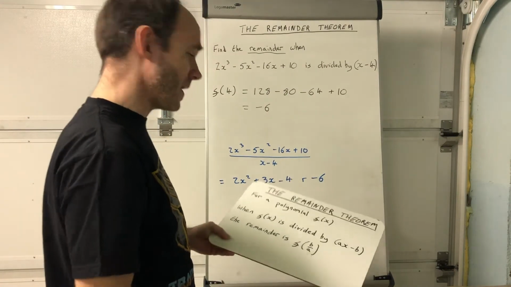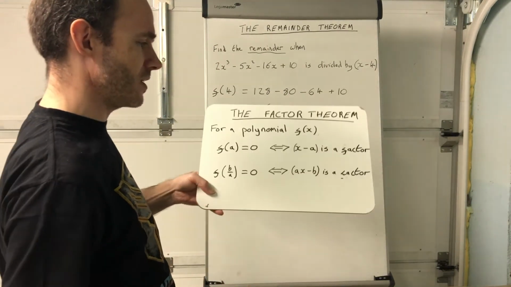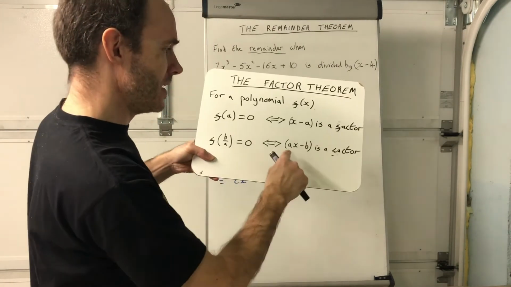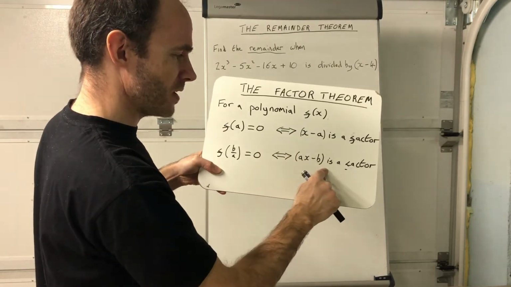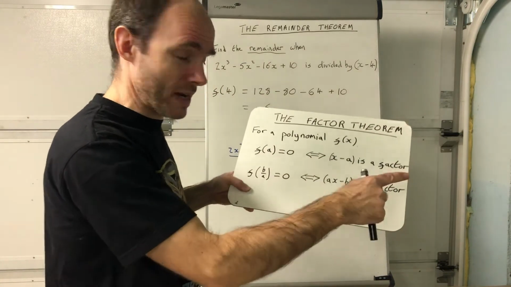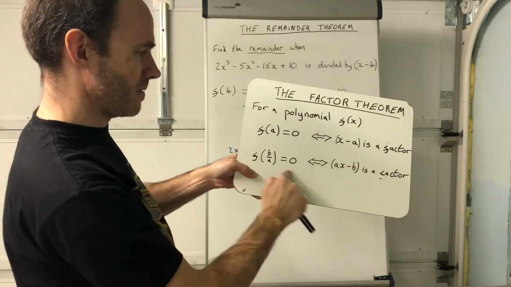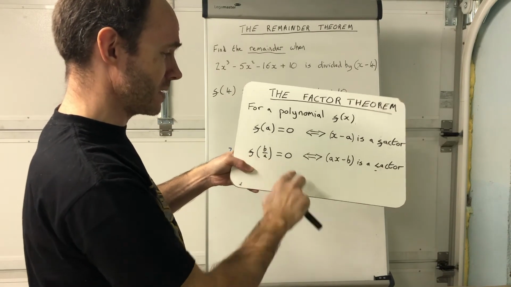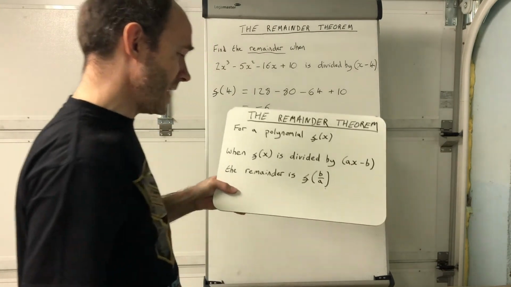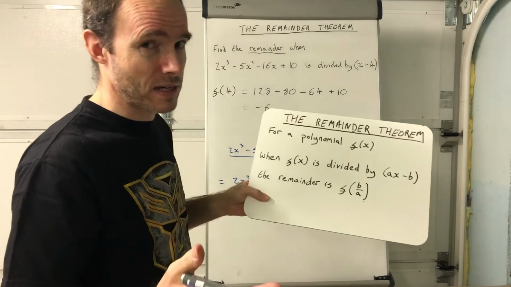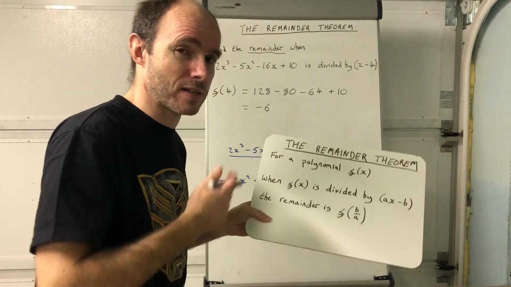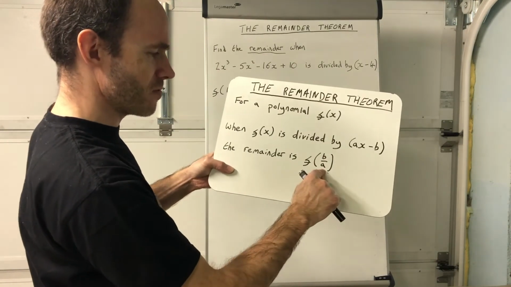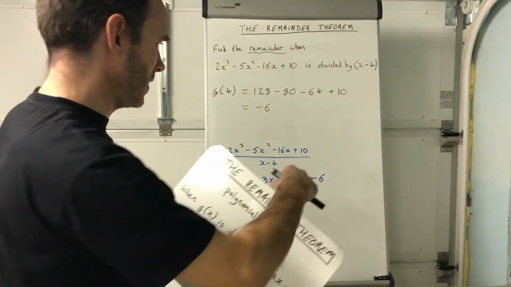In that case, essentially you've got a remainder of 0 if you look at it that way. Divide a polynomial by ax minus b, and if your remainder is 0, that's simply saying the same thing as the remainder theorem, f of b over a is equal to 0. What we're saying here essentially is that the remainder is not 0, it's another value, for example -6, and if we work out what f of b over a is, that gives us our actual value.